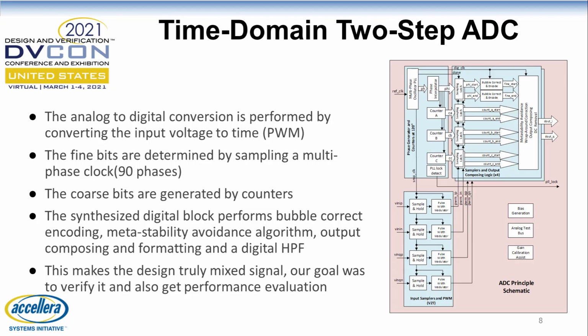The coarse divisions are measured using the counters by counting the number of clock cycles, and the fine divisions are determined by sampling a multi-phase clock. In this case, we use a set of 90 clock phases. The time resolution of this design is somewhere about 5 picoseconds.